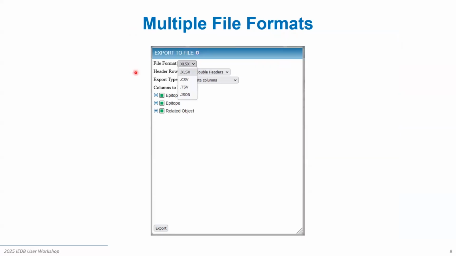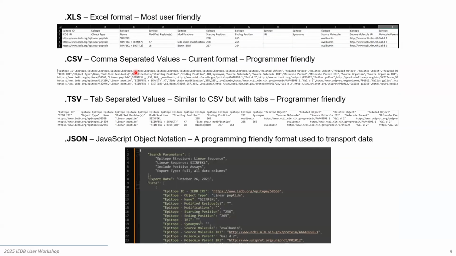First off is the file format, which gives you these options. You have the XLS, which is the Excel format. When we did this new custom export redesign, we wanted to get native Excel format because we know that a lot of our users, when they want a human readable format, load the CSV into Excel.